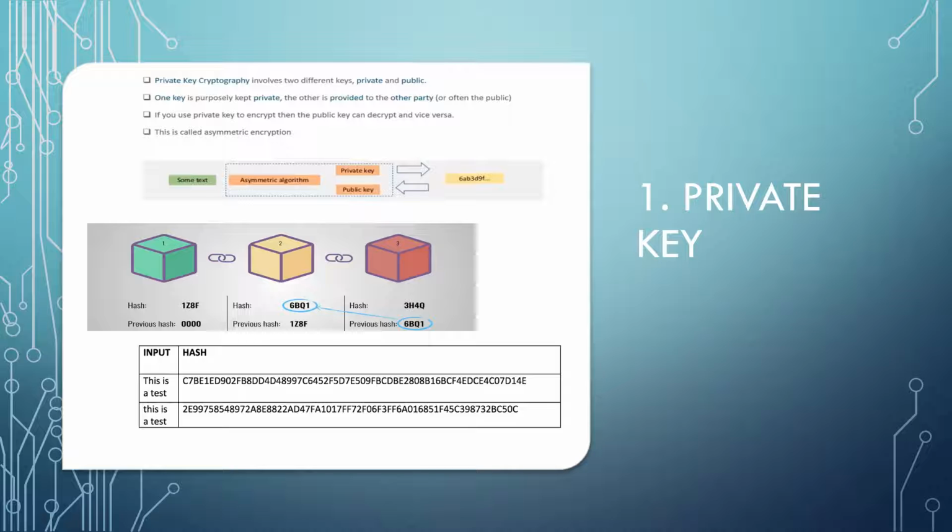One is public and one is private. One key is kept private and the other will be given to the user for encryption and decryption purposes. If you use the private key to encrypt, then the public key will be used to decrypt and vice versa. So this is an asymmetric algorithm since either of the keys can be used for encryption or decryption based on the implementation of blockchain.